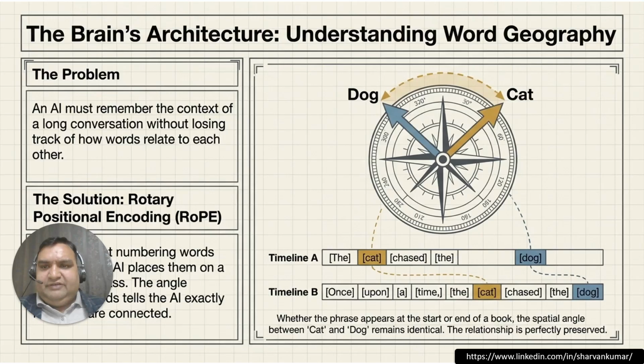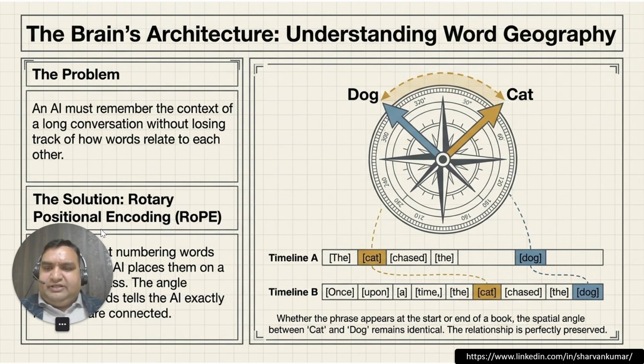For that we have two mechanisms, absolute positional encoding and rotary positional encoding. Absolute positioning is like numbering each word at a particular position and then using it. But for a larger context or a larger chain of words, it is very difficult to track.